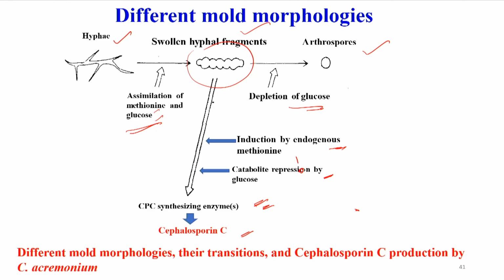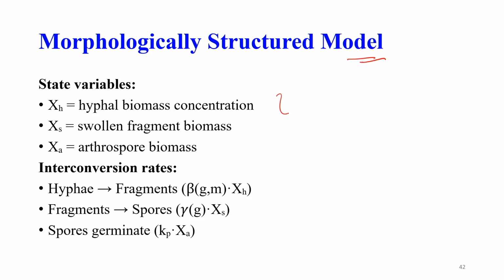So, if you want to build a mathematical model, these are the three variables we are going to consider: the hyphal biomass concentration XH, swollen biofragment biomass XS, and arthrospore biomass XA, and in addition these are the interconversion rates. Hyphae to fragment, we are going to consider beta and XH.